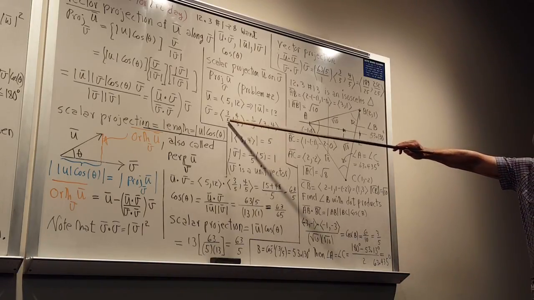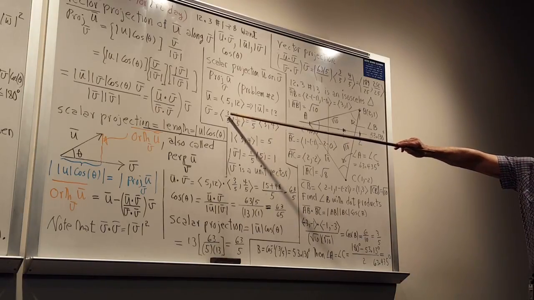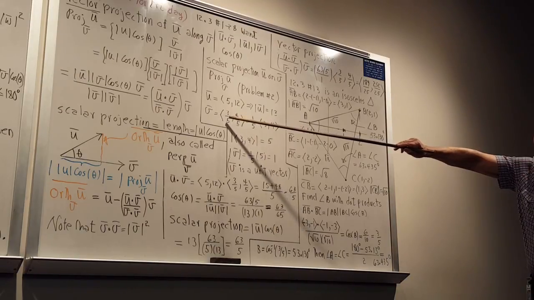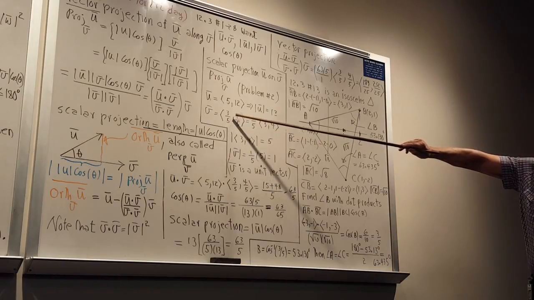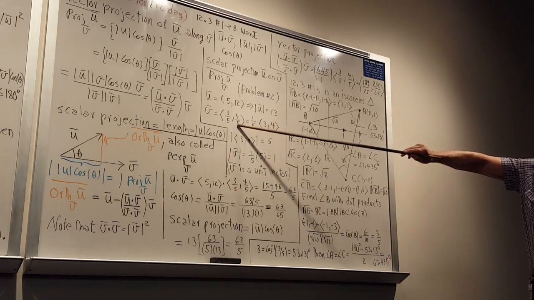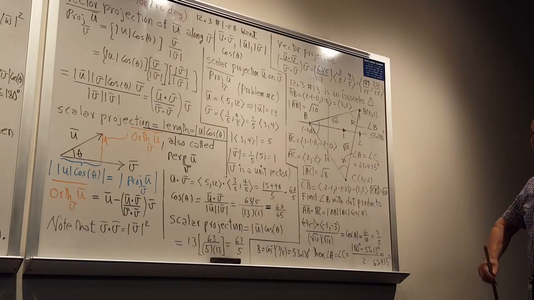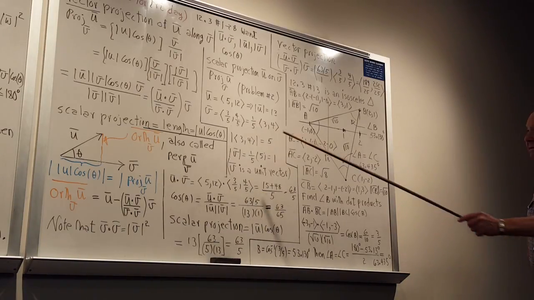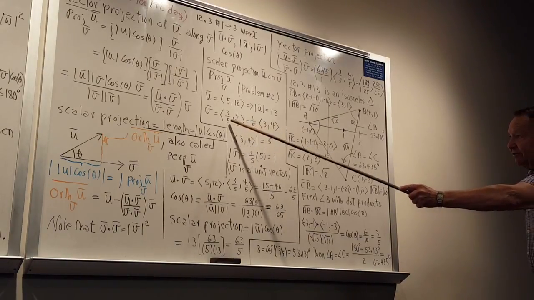The other one, this is actually a unit vector. If you work this out, if you're dotting this with itself, you'll have 9 over 25 plus 16 over 25, and that's 25 over 25, which is 1. Or, if you prefer, you can factor the 1/5.